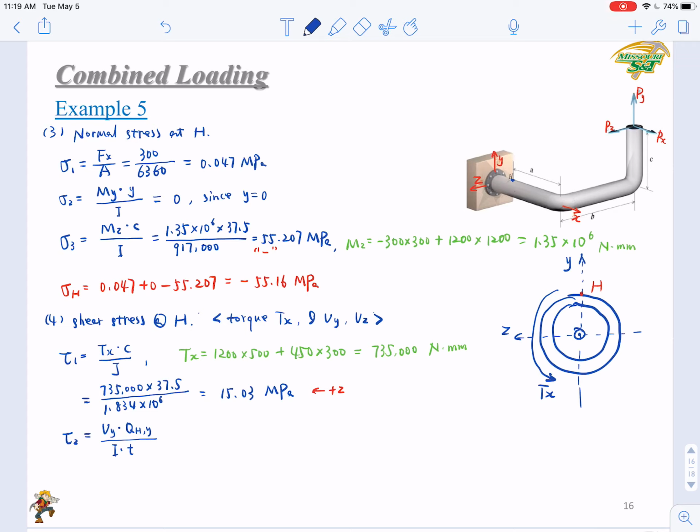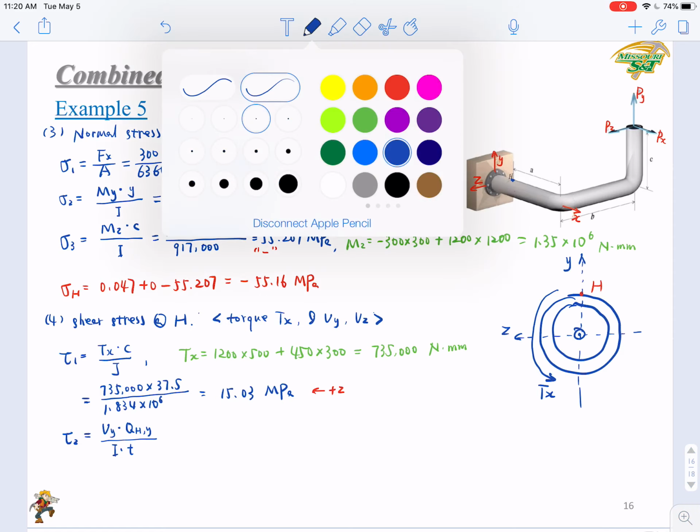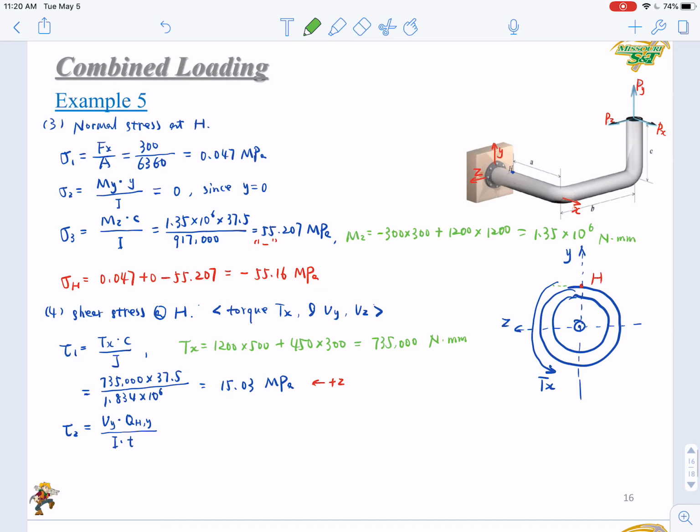When you have a Vy along positive Y direction, if you use this equation to determine the shear stress, you will cut it from here. Then what is the area? You will get area that is 0, right? So the Q will be 0. So as a result, the overall thing will be 0. Because of this analysis, tau 2 will be 0.